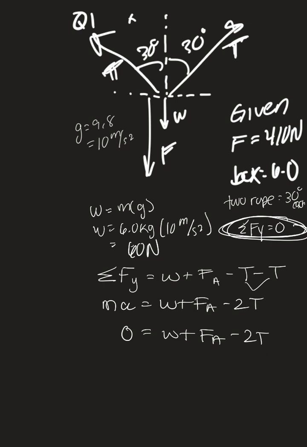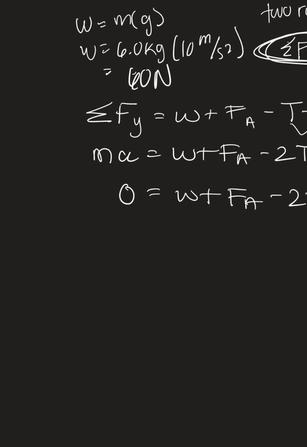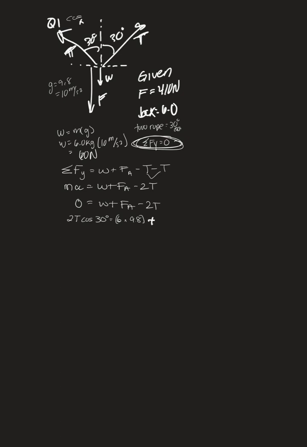So when we remember, this is cosine, right? With that, we take the 2T cosine of 30, which equals the 6 times 9.8 or 10, whatever you prefer, plus 410.